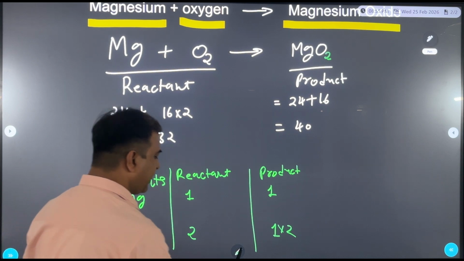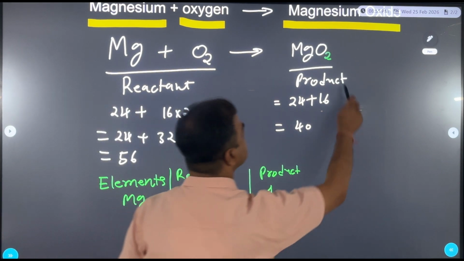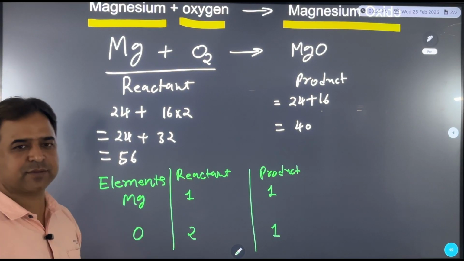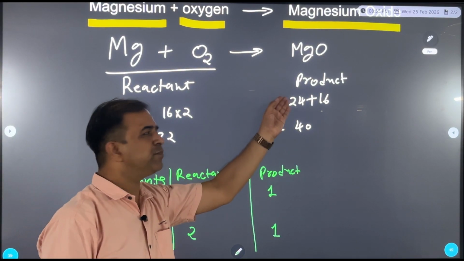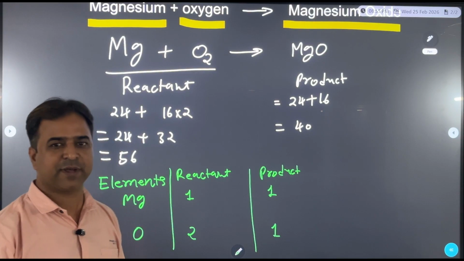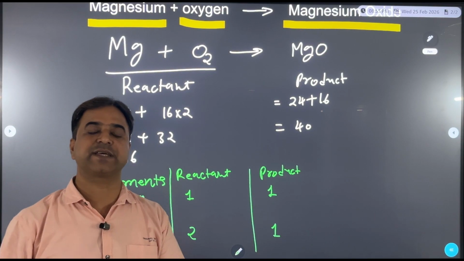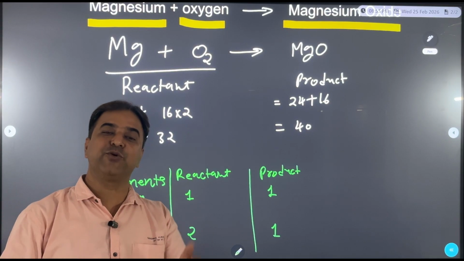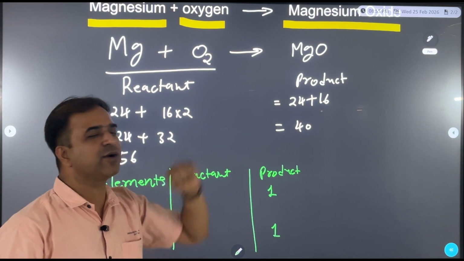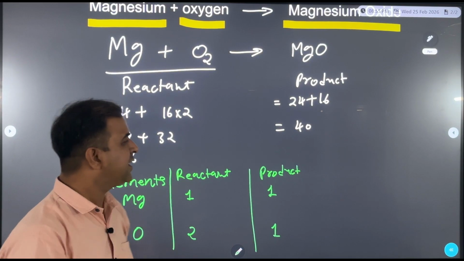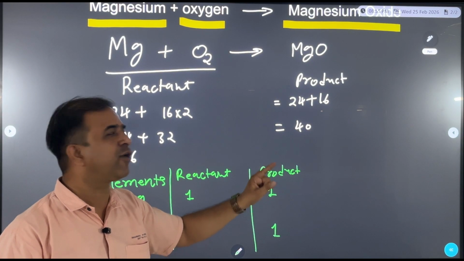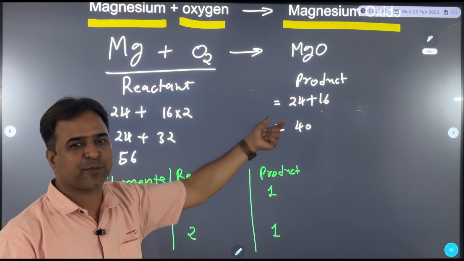So we cannot do this. But why so? How is MgO only being formed? For that we need to understand how to write a chemical formula. And for that you need to know the valency of these elements. So before we go to balancing, we will learn how we can form a chemical formula.